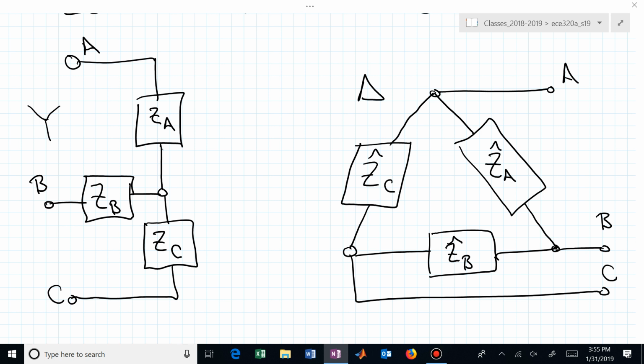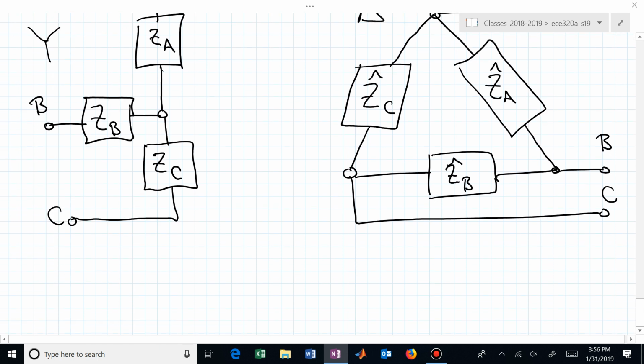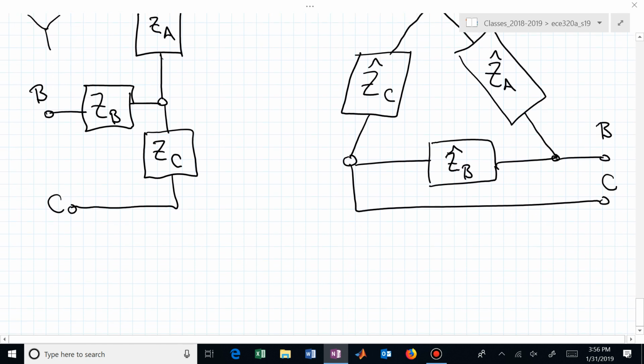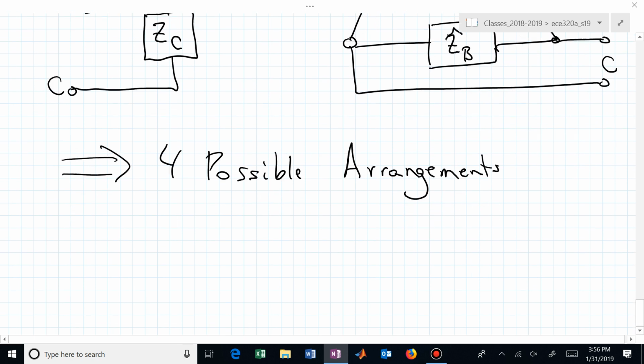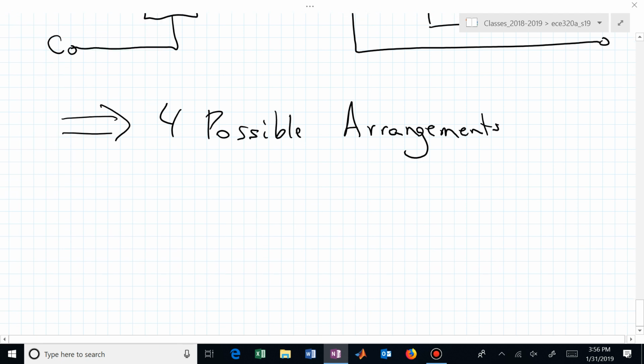We have two ways of interconnecting the sources, two ways of interconnecting the loads, and we can mix and match those. Which means that we have 4 different possible arrangements when we start interconnecting these according to the different options. We have our source, and we have our loads.